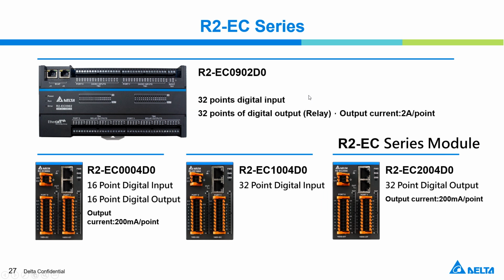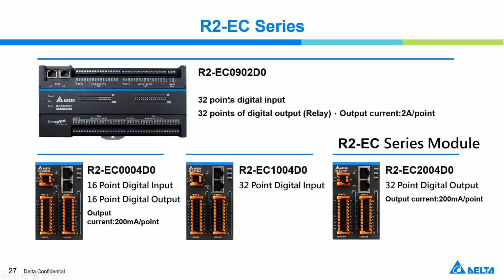Okay, next is the R2-EC series. For this series, it's very simple because it just supports DIO. It doesn't support AIO. And the feature of this module is that it doesn't support the right extend. It combines the coupler and the DIO together.